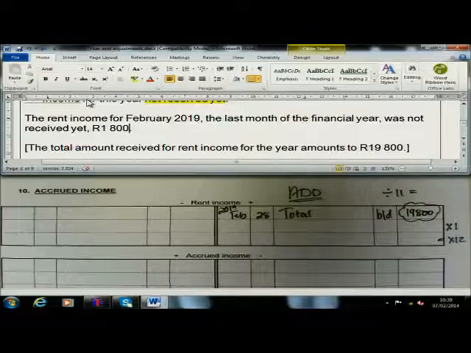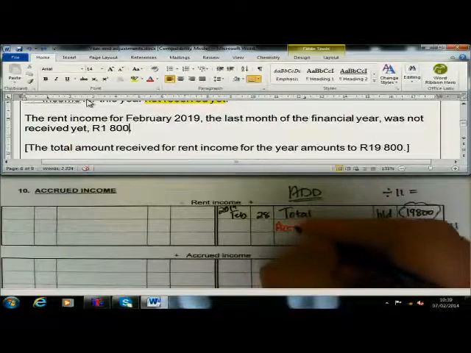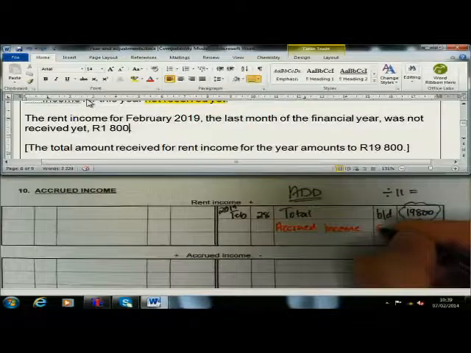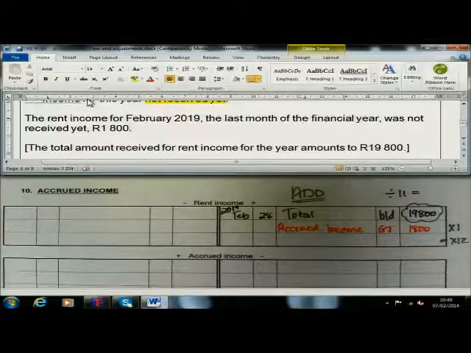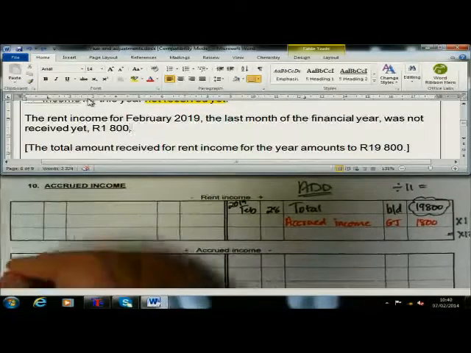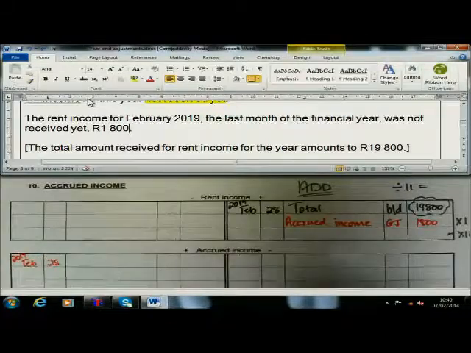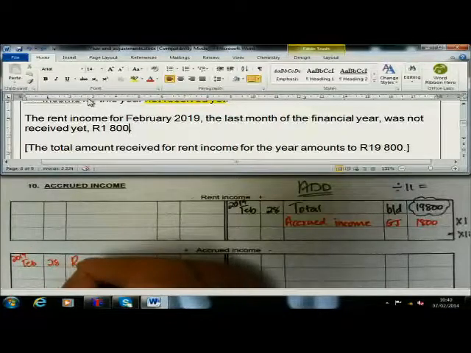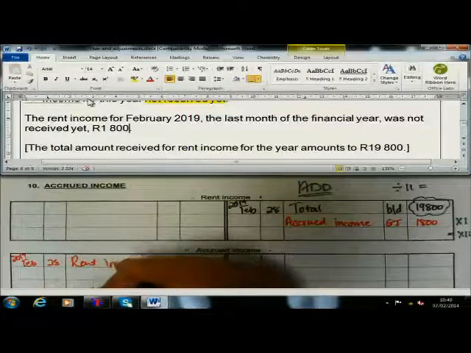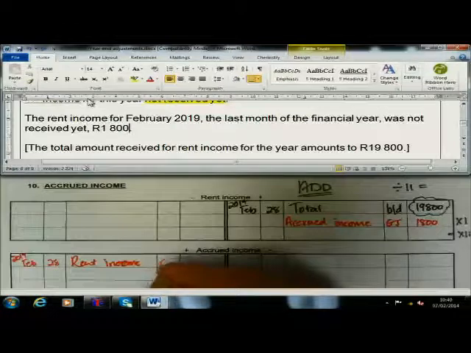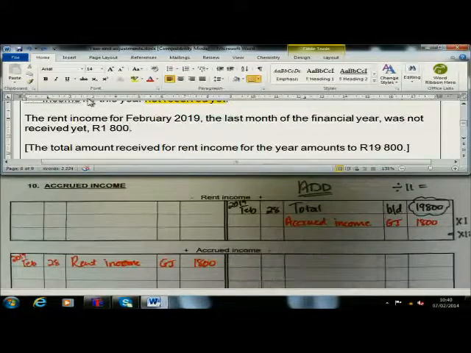Because we didn't receive it yet, it is accrued income. GJ, the 1,800 Rand. On the debit side of accrued income is the last day of the year, February 28, rent income. It's a GJ transaction, and that 1,800 Rand was not received yet.